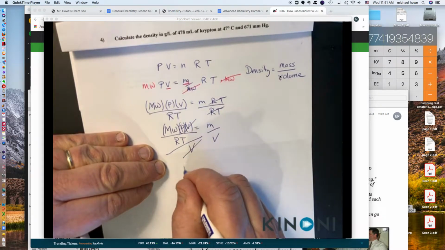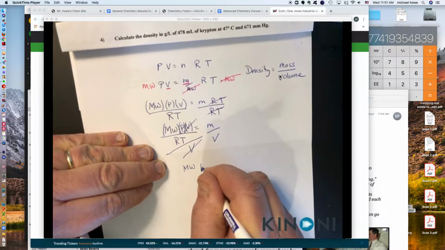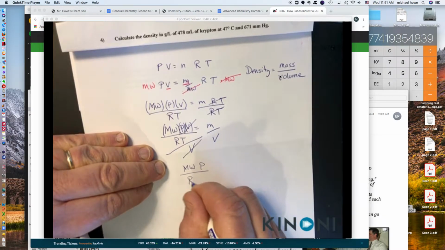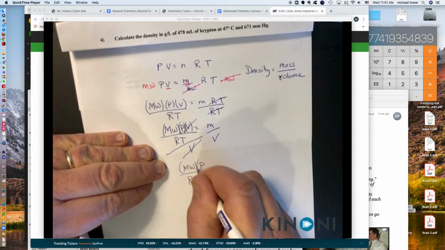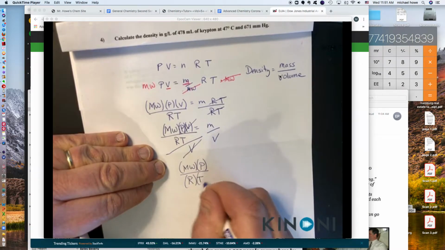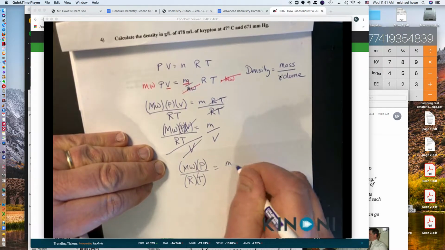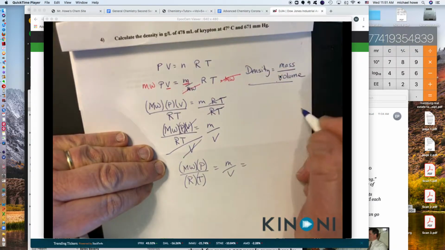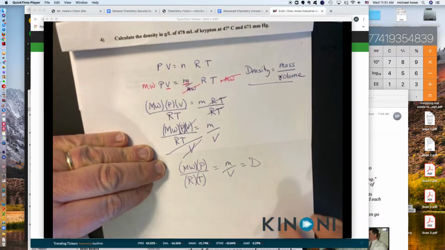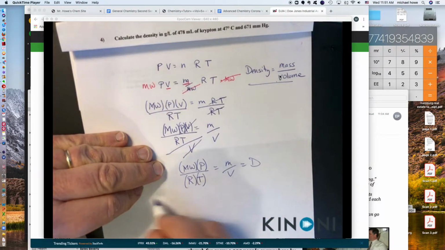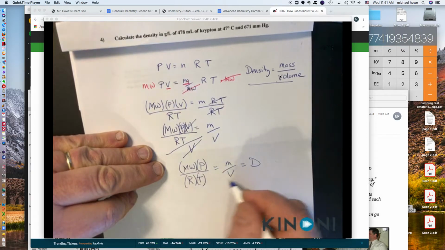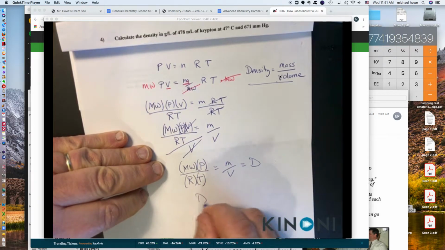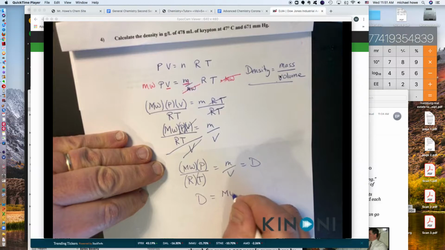So now I have molecular weight times pressure divided by RT equals mass over volume, but that we see up here is equal to density. Okay, so that's our equation for density: density is equal to molecular weight times pressure divided by RT.